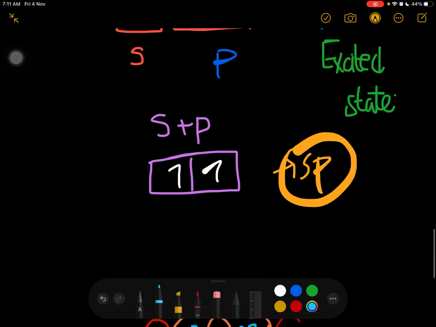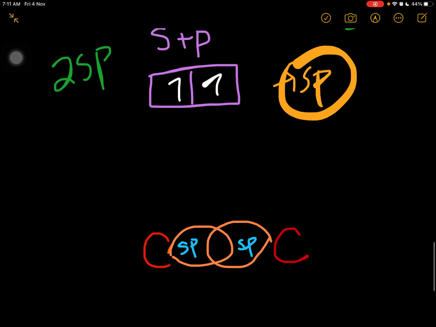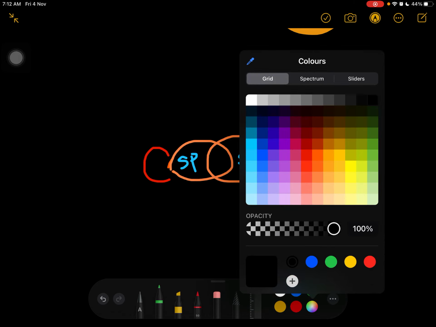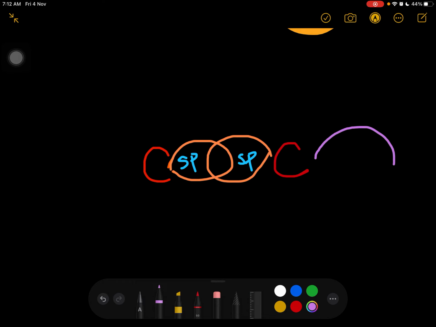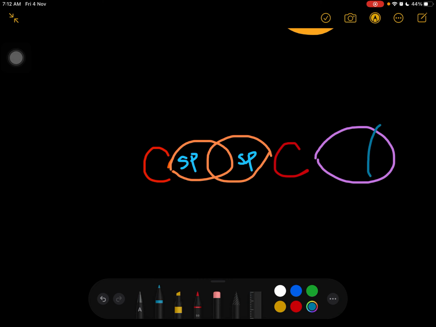You can see over here two sp orbitals. One carbon has two sp and it has utilized one. Now it will form a bond with hydrogen, like this. Hydrogen's s will be here, and here sp is used.